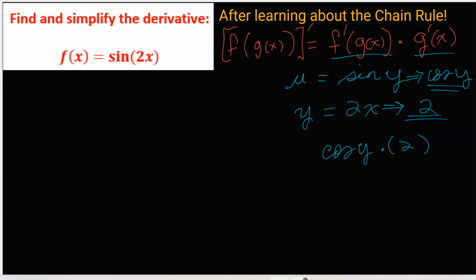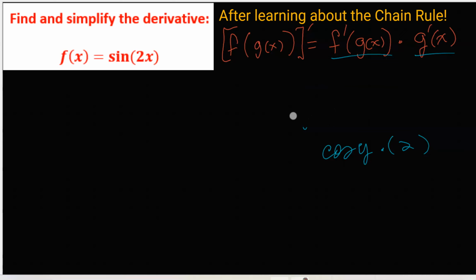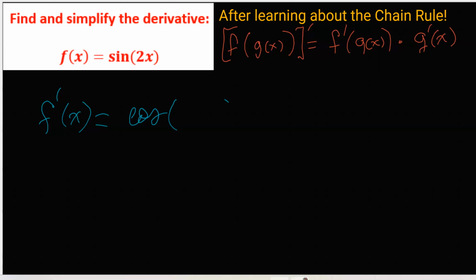Okay? Now, I would hope that you don't have to write all that down, and I would hope that you actually see it. So at the end of the day, what we want to recognize is here is an outside function, here's the inside function. So the chain rule said, the derivative of the outside function, which would be cosine of what? Of whatever the inside is.